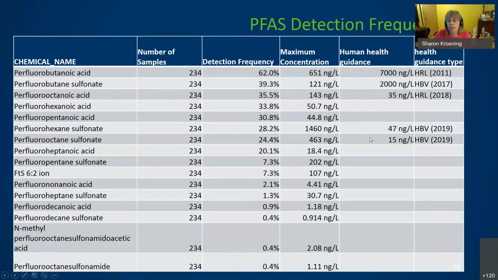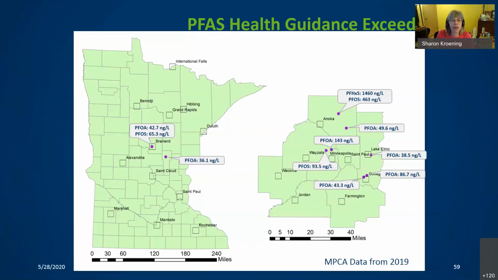And we have found some samples where PFAS, perfluorohexane sulfonate, and PFOA exceeded the guidance that was put out by the health department. This map here just shows the places where we did have PFAS health exceedances.